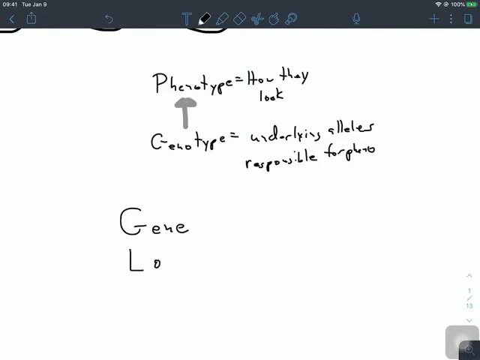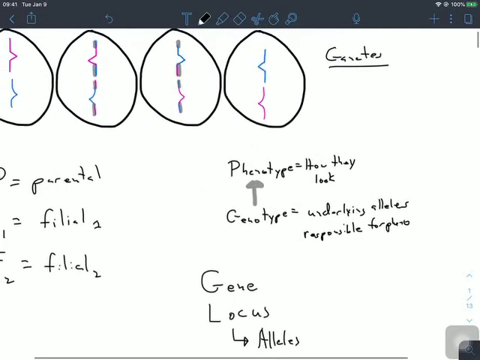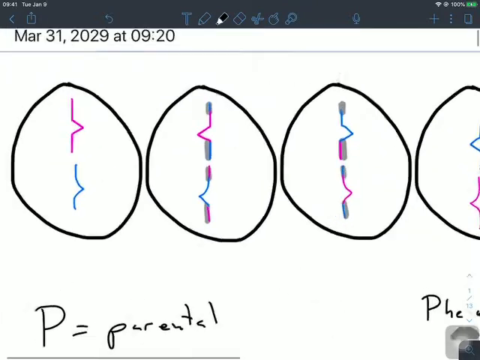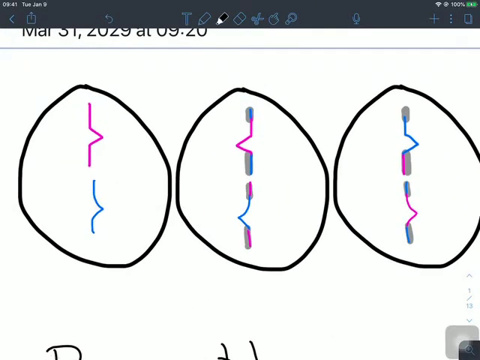That gene has a locus or location on some chromosome. And what we care about in determining how genotype predicts phenotype are the different alleles that individuals carry. Now, we know that genes are found on certain locations on the chromosome.